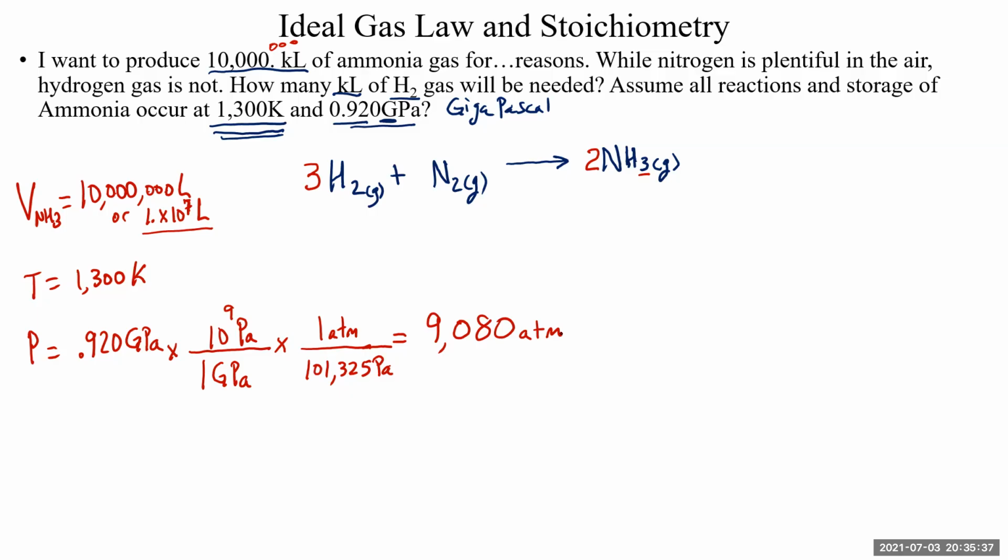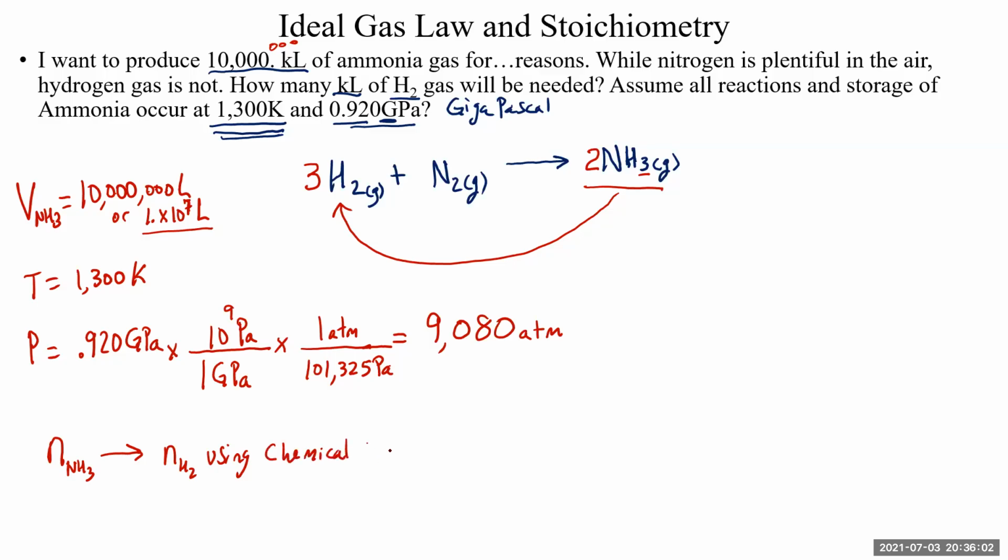So what do we need to figure out here? Well, let's work our way backwards. Since we have a volume for ammonia and we want to work our way to how much hydrogen, let's figure out the moles of ammonia based on this. And once we have moles of ammonia, we can convert to moles of hydrogen using the stoichiometric coefficients of the chemical equation.